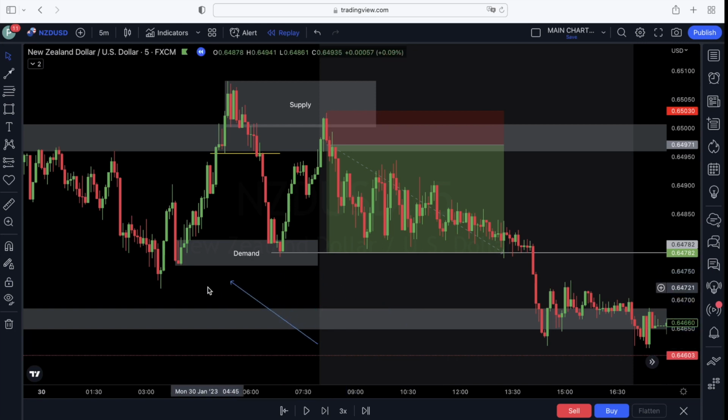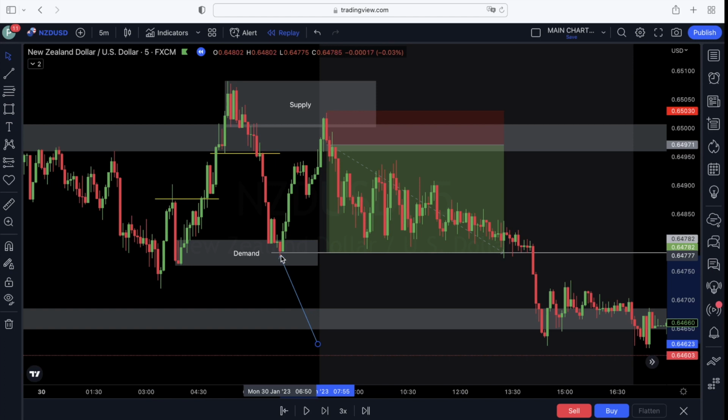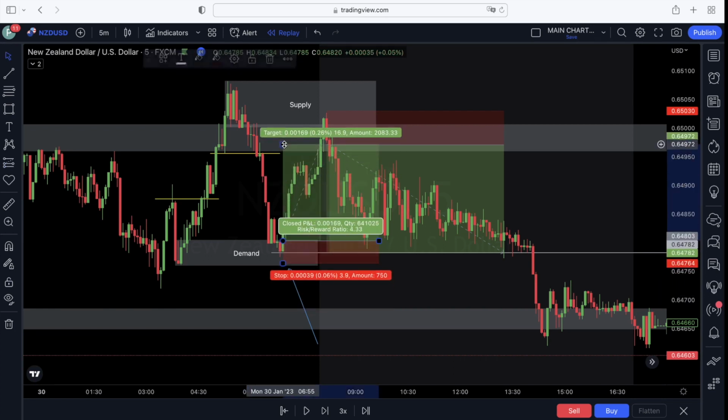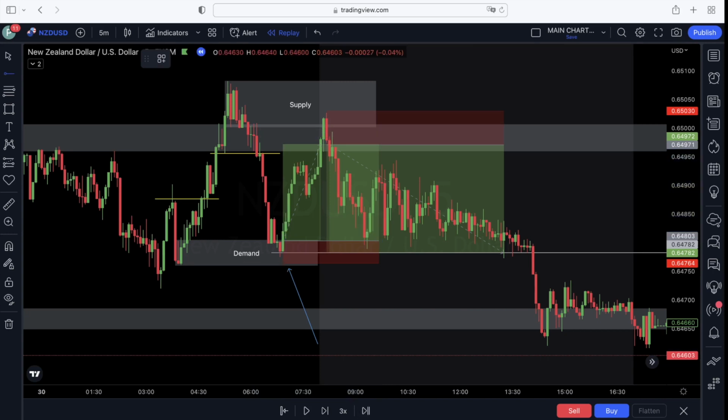Okay, so boom, the market went up, broke structure, came back down, broke structure again right here, went up, wait for the market to retest this demand zone, which it did right here. You would have got in after the break of this last bearish candle, which is right there. Stop loss right below.